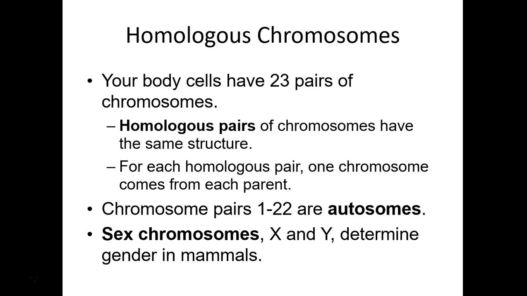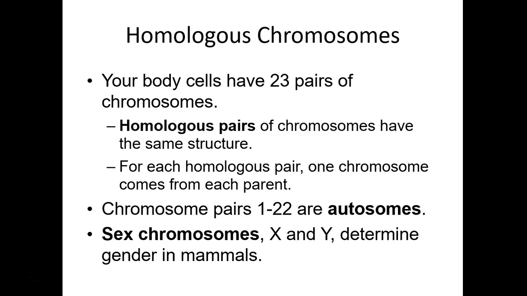Within those pairs, 1 through 22, so all of the pairs are given a number. Pairs 1 through 22 are autosomes. So that means that they are going to code for pretty much all of your body cells and their functions. And then our sex chromosomes, X and Y, determine sex in mammals.